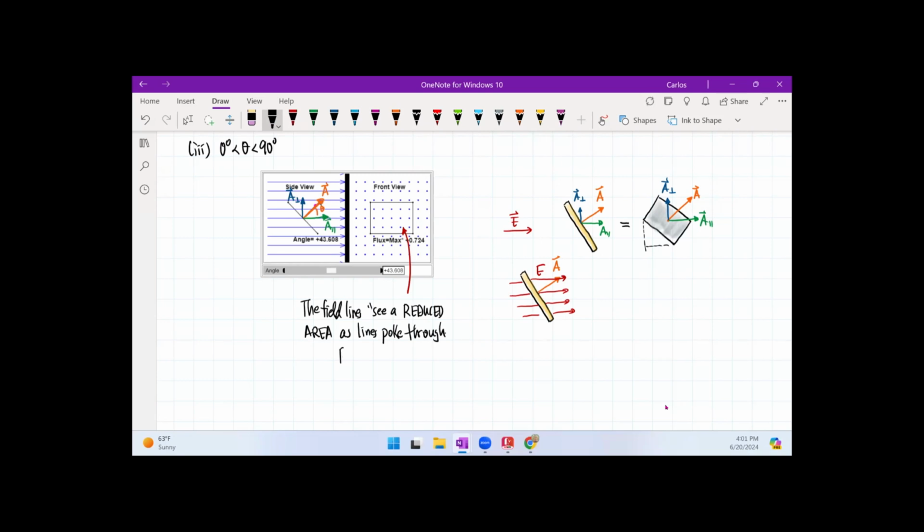In other words, you get a reduced flux. So if I count my numbers, in this situation my flux lines are going to be 3 by 5, so it's going to be 15 lines of outward flux.